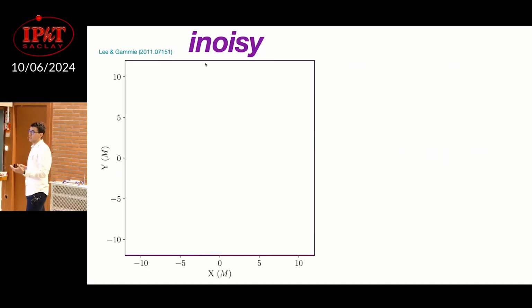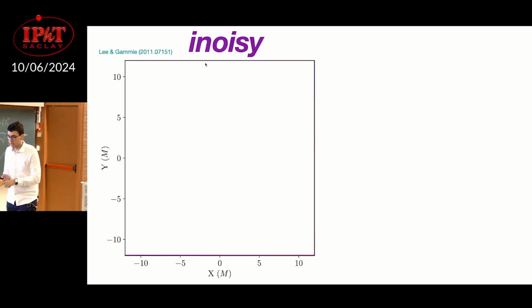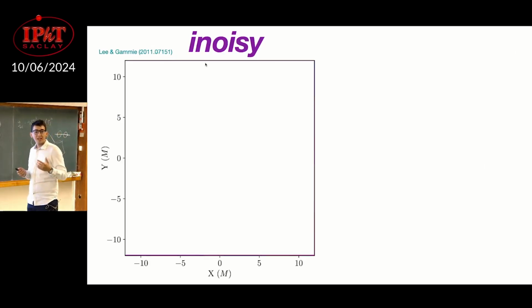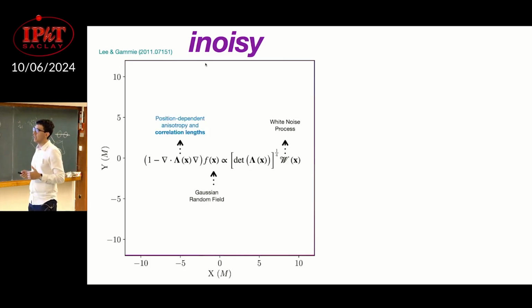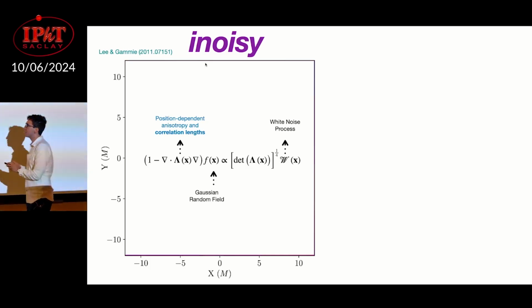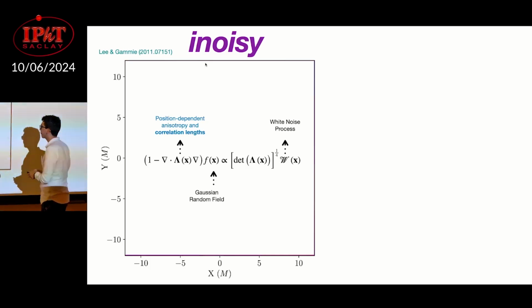As I was alluding before, let me address this question with some tools that we developed recently. It's a way to treat all this astrophysics that we don't know, but put it in a different setup. What I'm going to show you is a simulation that is solving a stochastic partial differential equation.